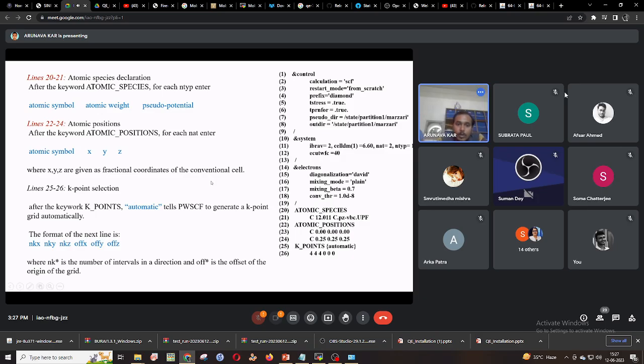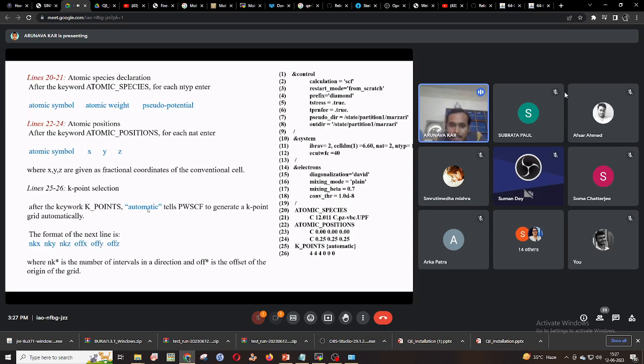But we cannot always put automatic values, K point equal to automatic. When you try to solve the band structure of the system in the next class, I'll show you that instead of automatic, we need to use a different card to get the proper path through which we need to calculate the band structure.